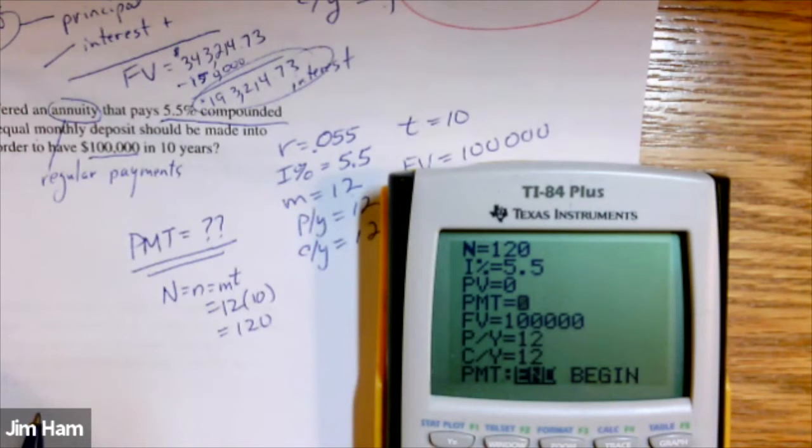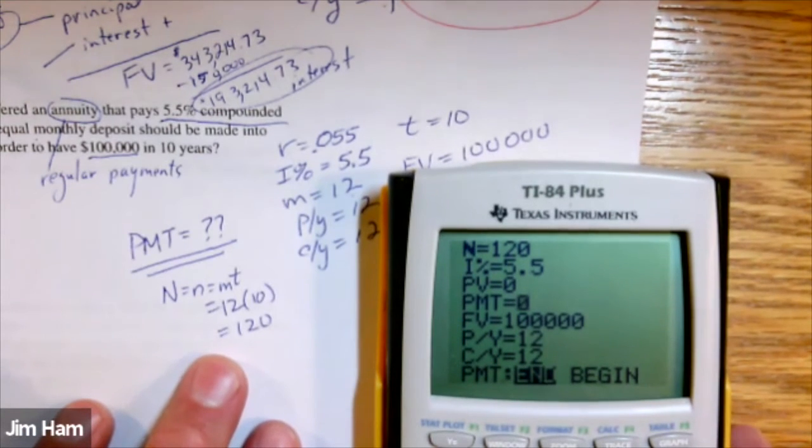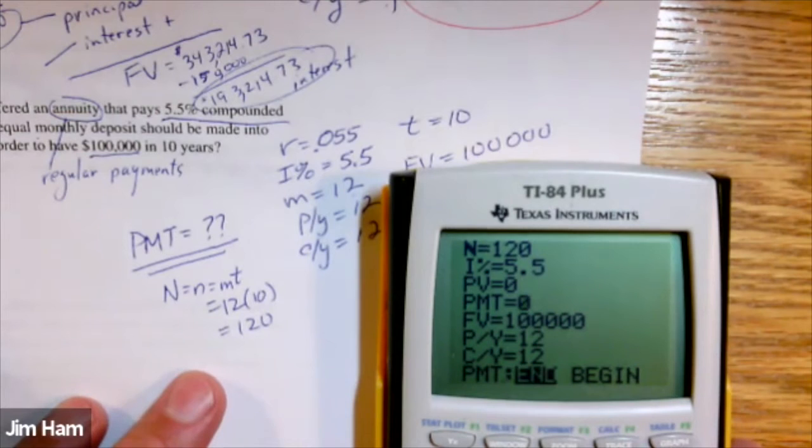But interest is going to be earned, and so you don't have to invest quite $9,000 each year. So it's good to think about what a reasonable answer is first, because if you don't, you're going to get some bogus numbers and it's not going to work out for you.